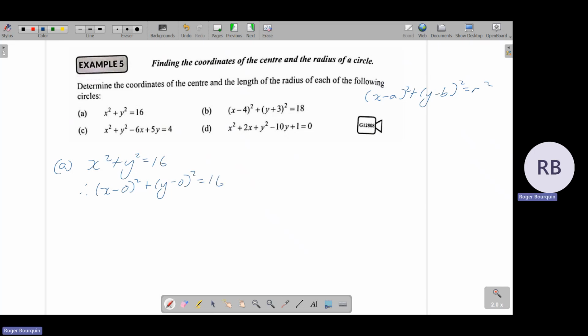Just in case you forget, you should know that if it's x squared plus y squared, the center is 0, 0. The coordinates of the center are 0, 0. If it's just x squared plus y squared, your center is the origin.